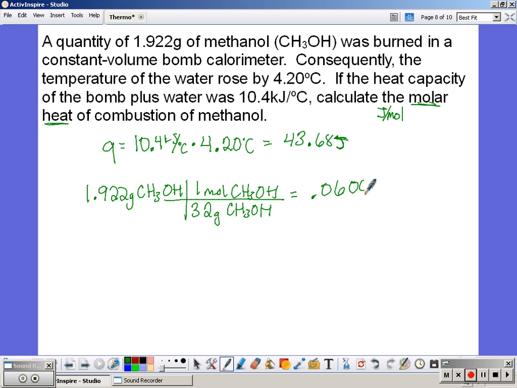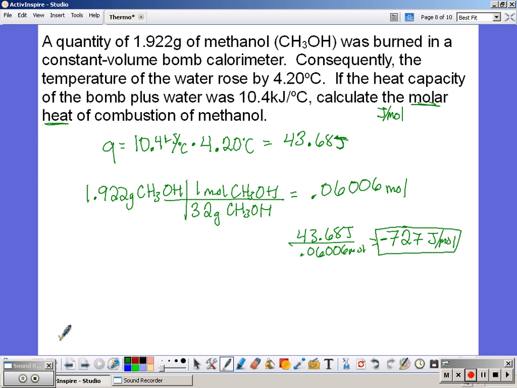So I'm going to take my heat, divide it by my moles, and my molar heat of combustion is 727 joules per mole. Now the temperature of the water rose by 4.20. That means that the reaction was exothermic, which means this amount was actually released, so it would be a negative 727 joules per mole.